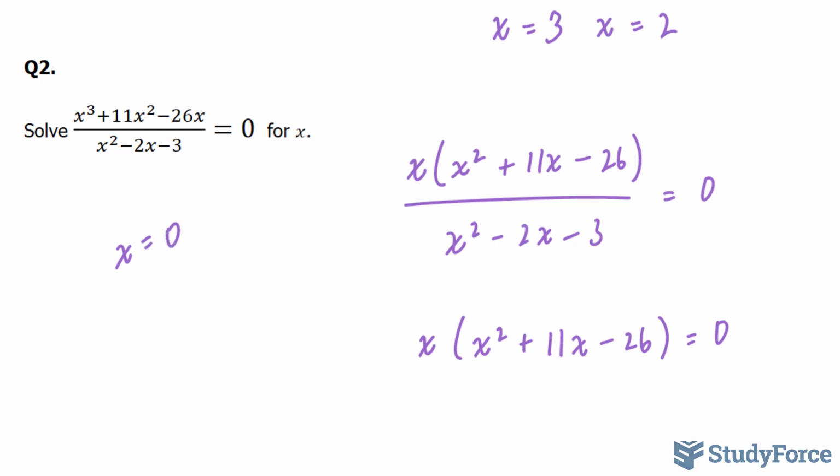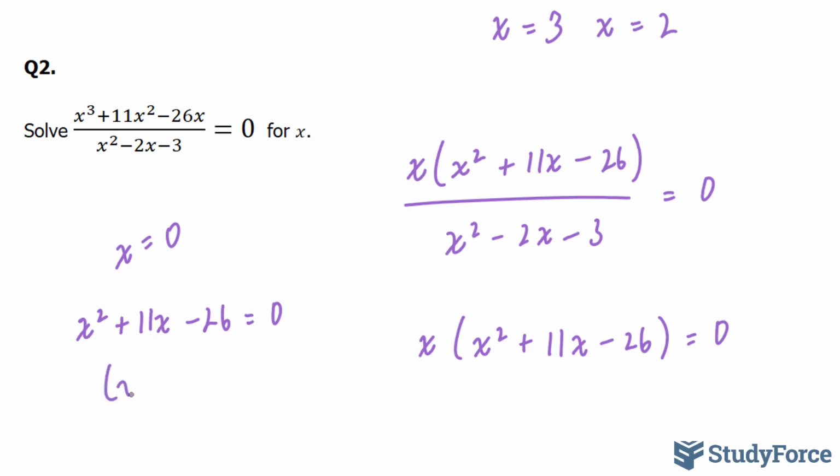And similarly, we need to find the solutions for this part. So let's do that. X squared plus 11x minus 26 is equal to 0. And now we factor this. We have to ask ourselves what two numbers multiply to negative 26 and add to 11. If you guess 13 and negative 2, you are absolutely correct. 13 times negative 2 is negative 26, and 13 minus 2 is equal to 11.